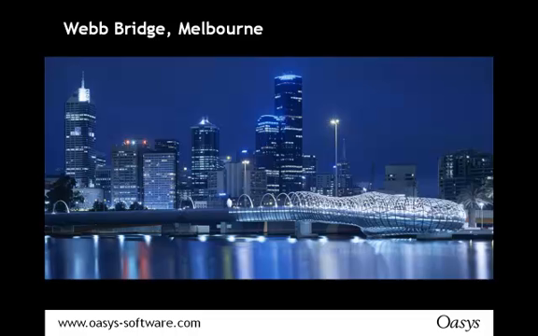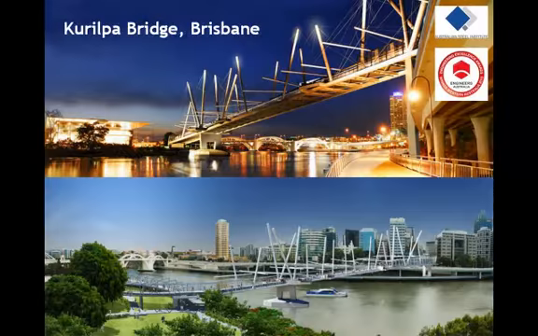Australia, the Webb Bridge in Melbourne, sort of a stress skin half pipe with additional structure over the top occasionally. Or something quite wild, the Kurilpa Bridge in Brisbane, which is a tensegrity bridge.